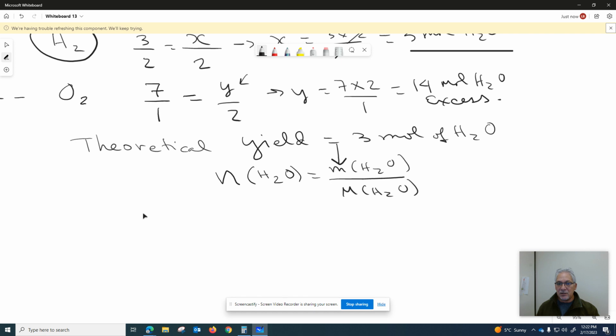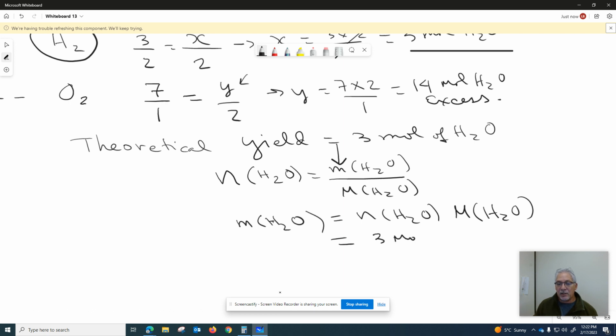Because the problem says don't give me the mole, just find the mass, because we can then use a lab balance to find the mass. So number of mole times the molar mass, that will be the mass of water. The number of mole of water is 3 because we already calculated it.